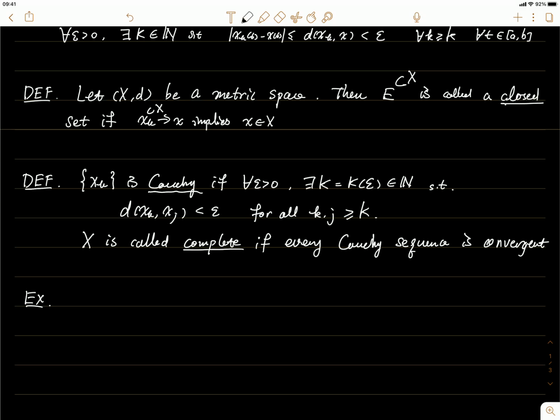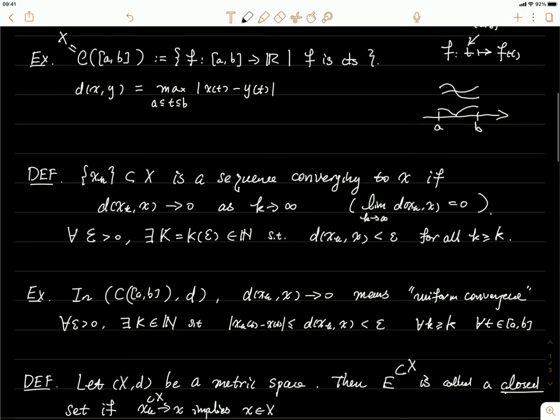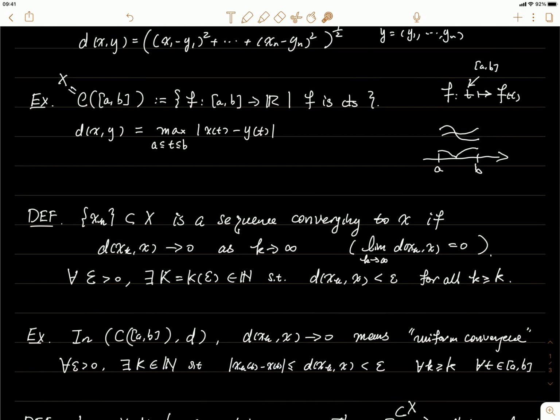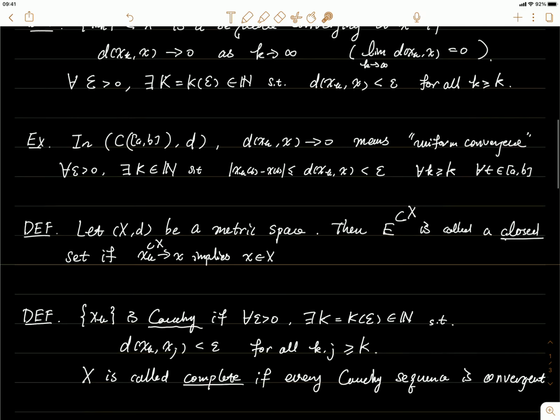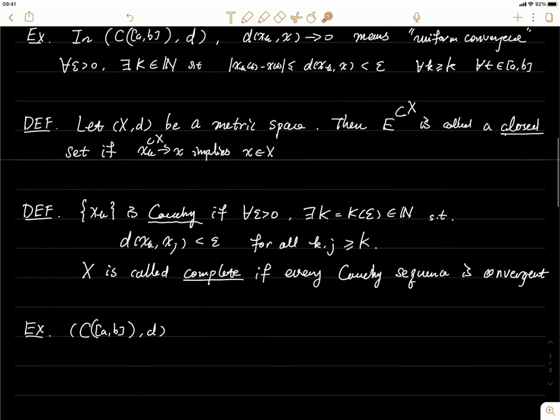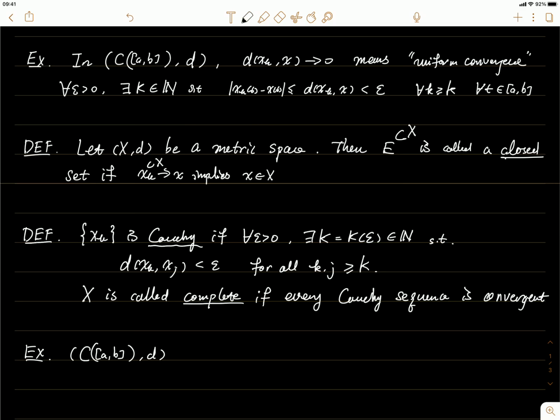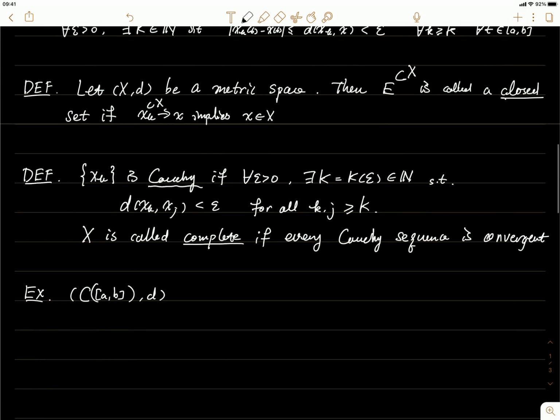But let's look at the space of continuous functions I mentioned earlier. This D is the definition we had earlier, right here. I'm going to use this as my distance or metric. Then we can show that this space is actually complete.